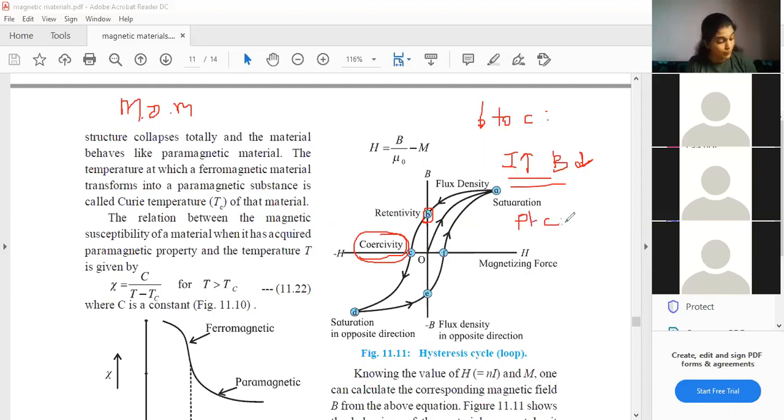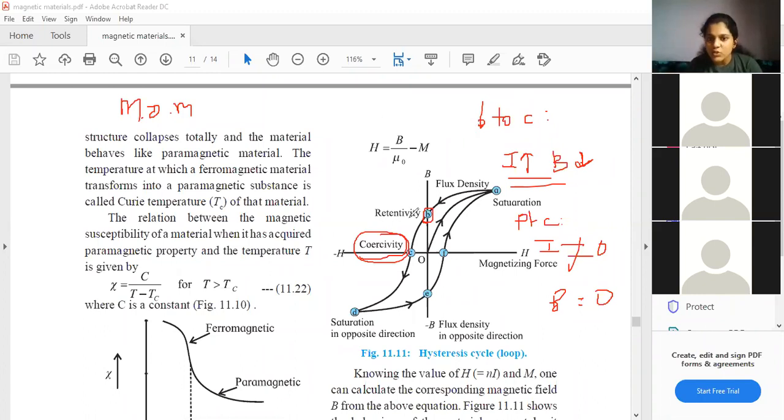Besides point C, you all can write down that I is not equal to 0, but B is equal to 0. Students, the first thing that I asked you all to note was, put small b, and in front of small b, you write that I is 0, capital B not equal to 0. Then the next point, what is happening from B to C? From B to C, direction of current changes. So now H will try to break the MDM, that is magnetic dipole moment.